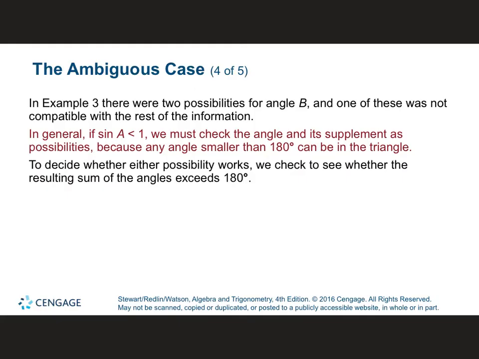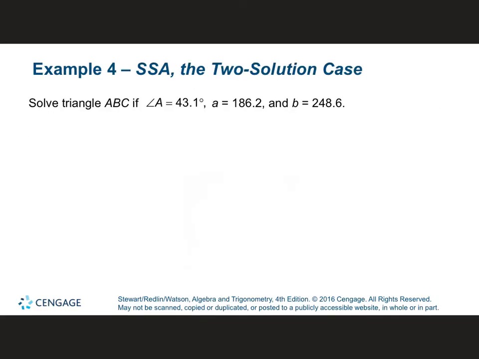If we look at the next example, we're going to be getting two solutions for this case. It tells us that triangle ABC has an angle A that's 43.1 degrees, a side length A that's 186.2, and a side length B that's 248.6.